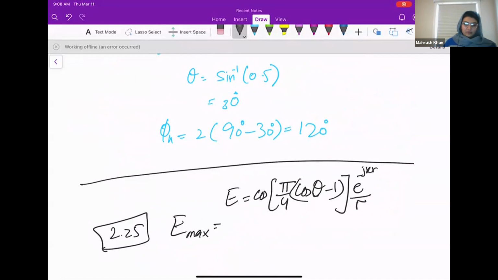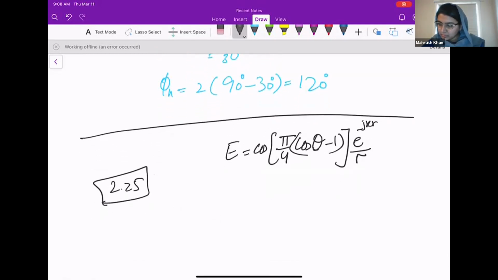Because you have to use the cross approximate formula, and because it is asking for the maximum directivity, D naught is equal to 4 pi over theta 1r theta 2r, right?